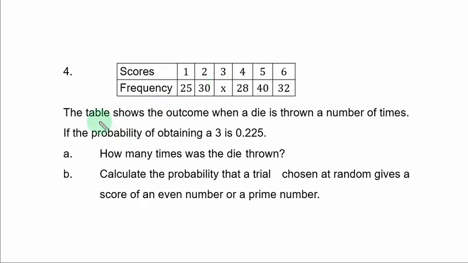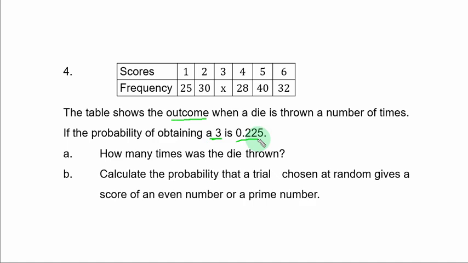Question 4. The table shows the outcome when a die is thrown a number of times. If the probability of obtaining a 3 is 0.225. A part of the question: how many times was the die thrown?